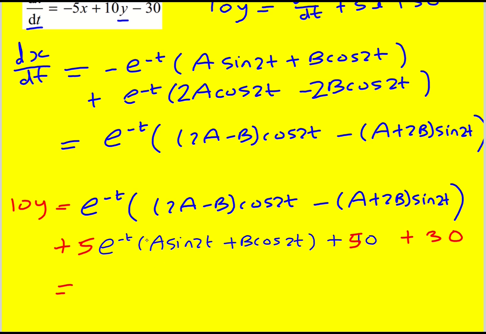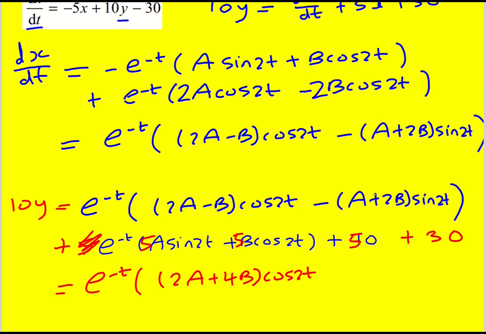Okay, what I can do is times this by 5 and this by 5. I think that'll make it easier to combine. So we're going to get e to the minus t. Right, let's look at the cos part. I've got 2a minus b cos 2t, but now I'm adding 5b. So it's going to become 2a plus 4b cos 2t.